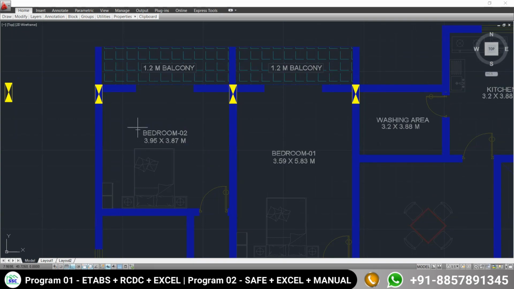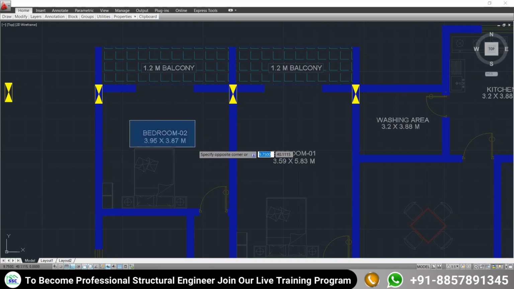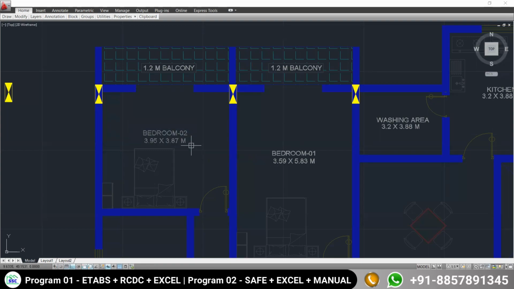Tell me how many feet is coming out. 12.95 feet. 3.95 meter, how many feet, means it is going to be converted into feet. 3.95 multiplied by 3.28, 12 or 13 feet something will be there.